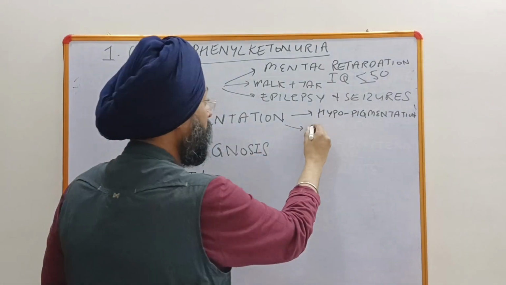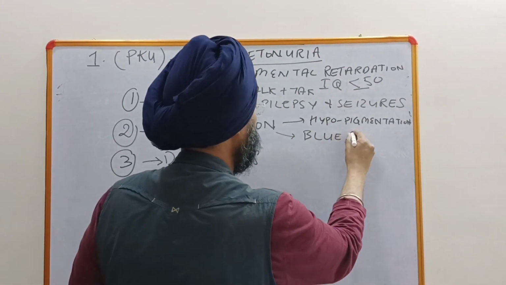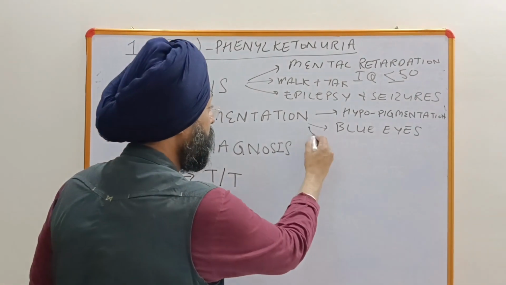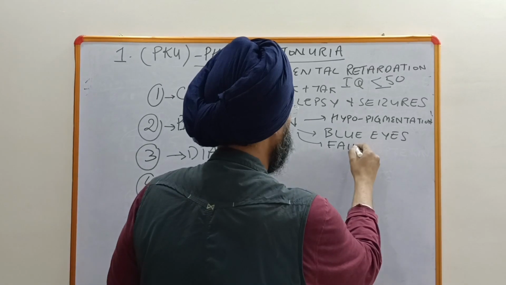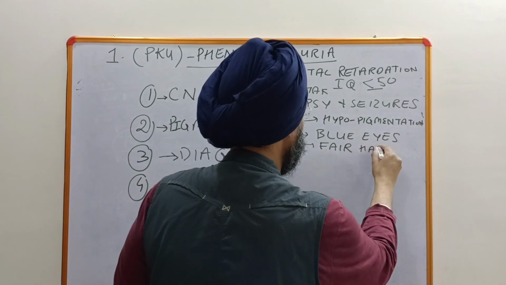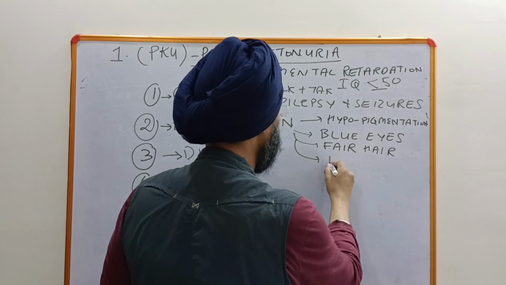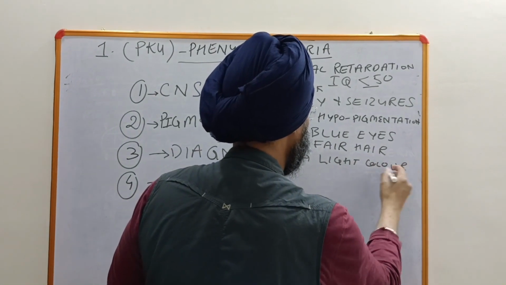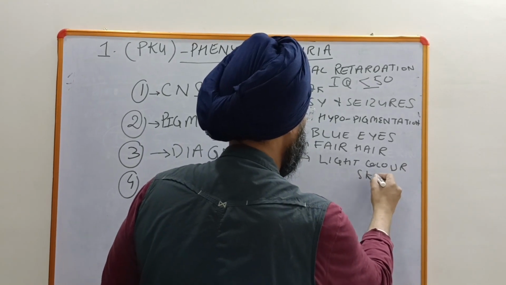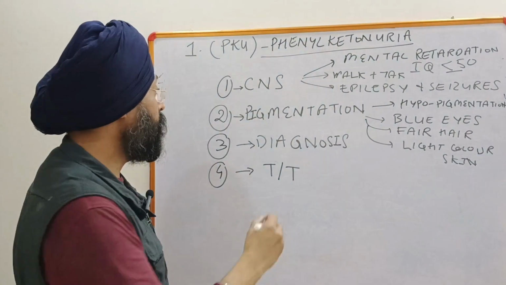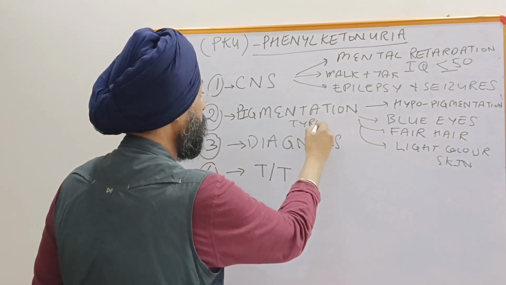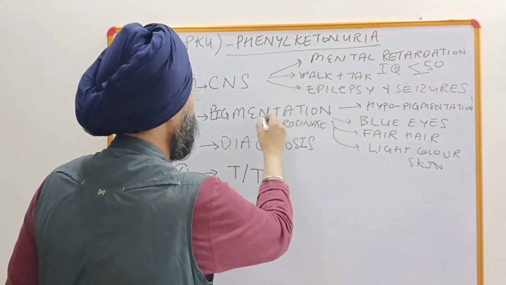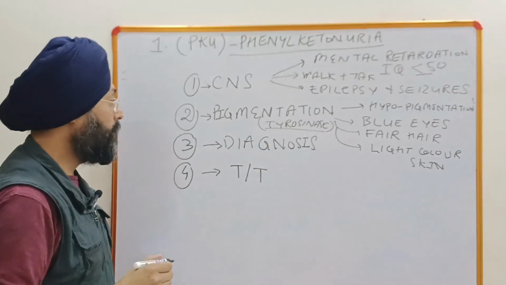The patient may have blue eyes, fair hair, and light color skin, right? And these disorders are due to a problem with the enzyme tyrosinase, right? Due to this enzyme.